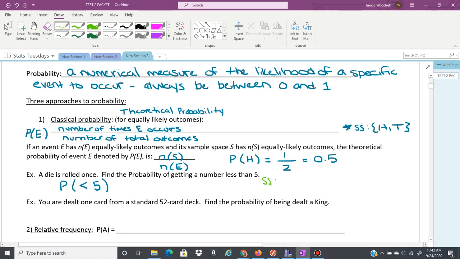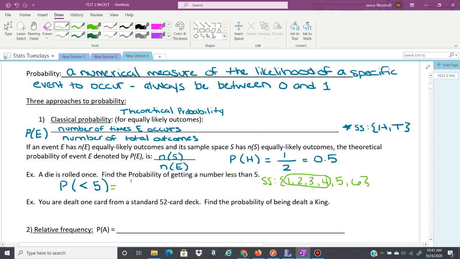So your sample space here would be 1, 2, 3, 4, 5, 6. How many of these are less than 5? Good, 4. These, 1, 2, 3, and 4, are less than 5.